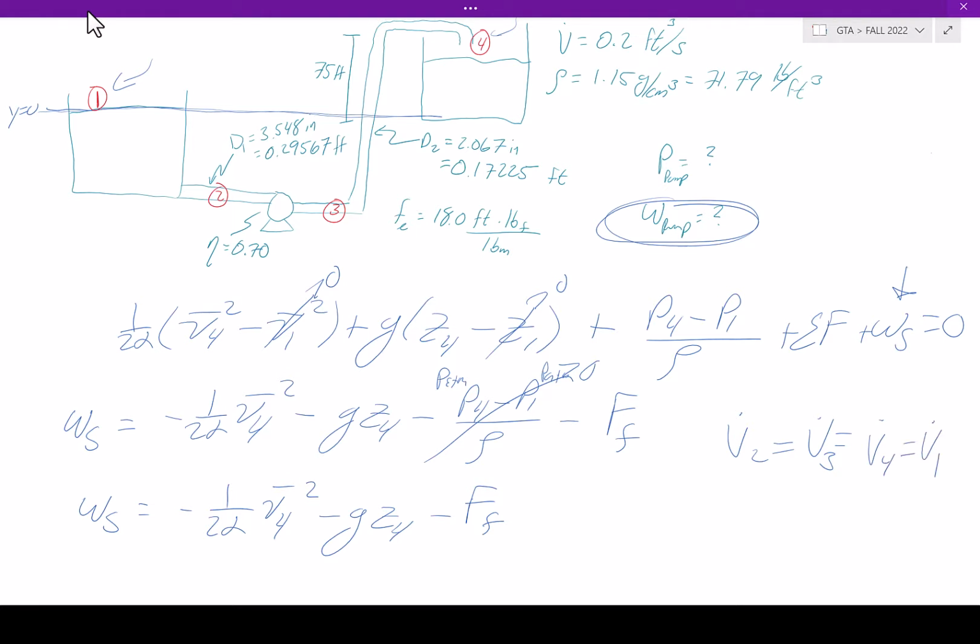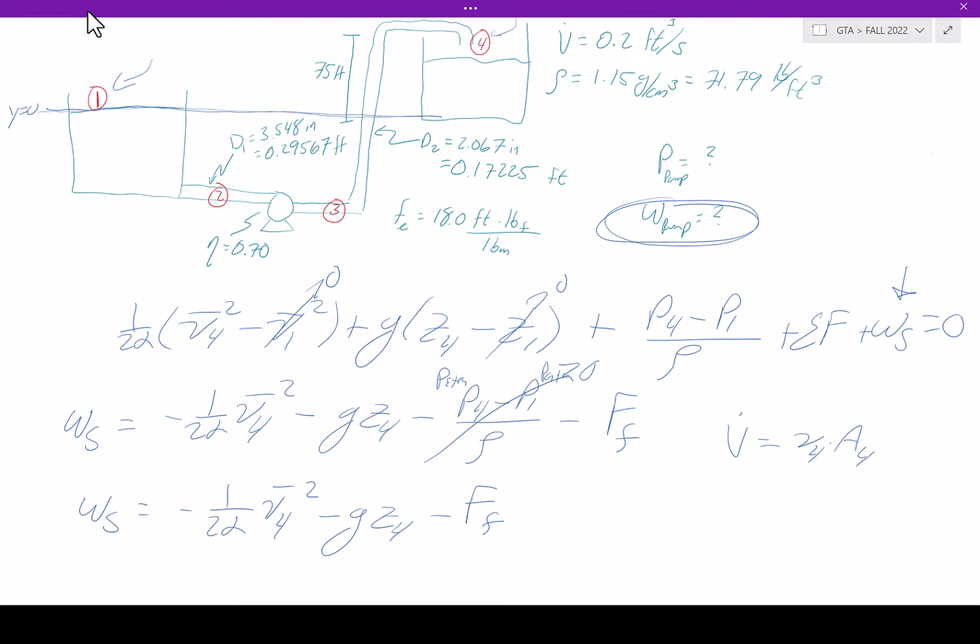So these are all equal to the same volumetric flow rate, which we'll just write as V dot. V dot is equal to the velocity at 4 times the area of point 4.